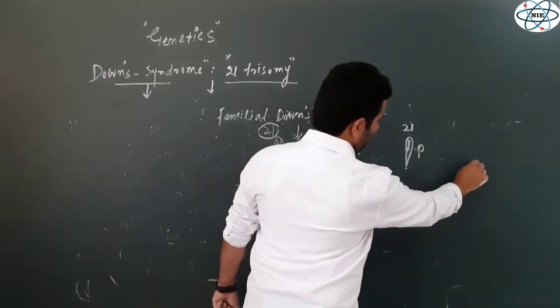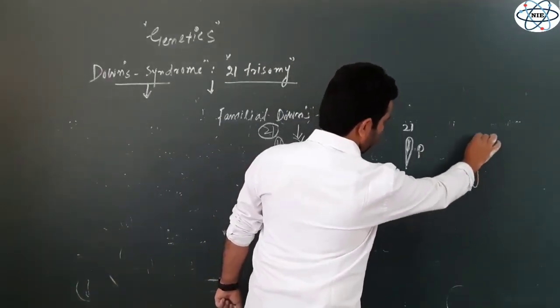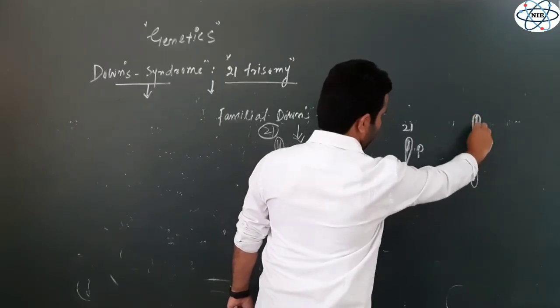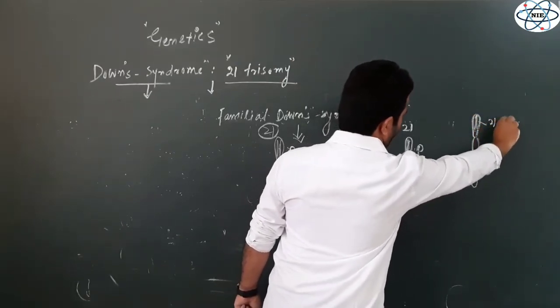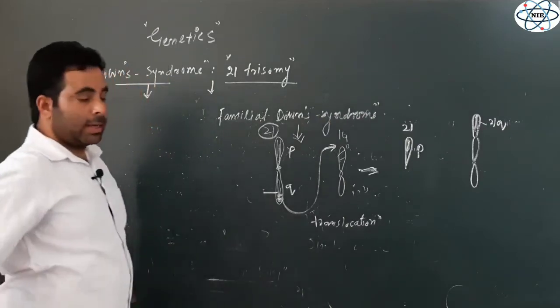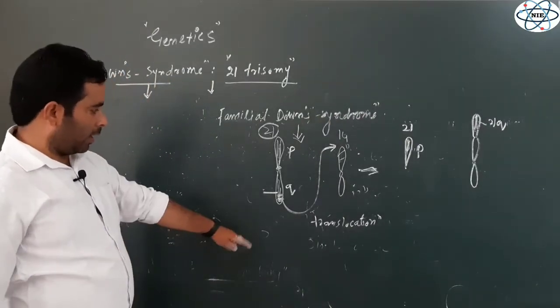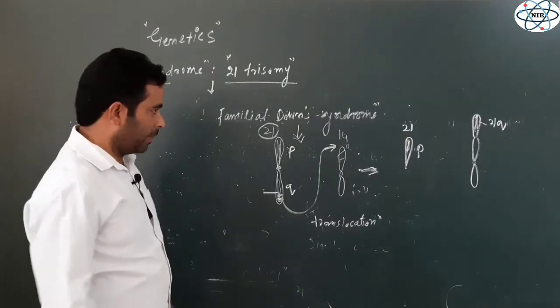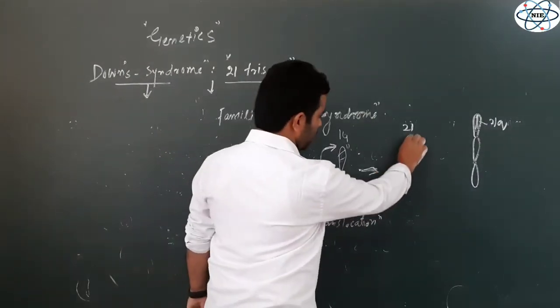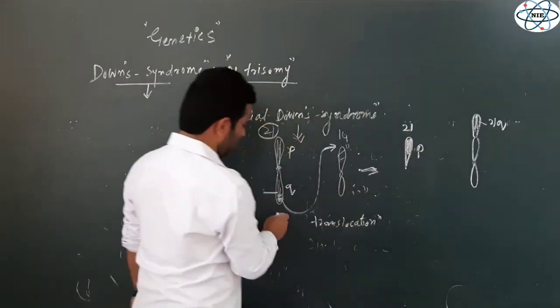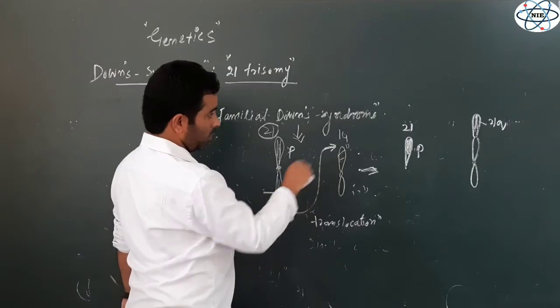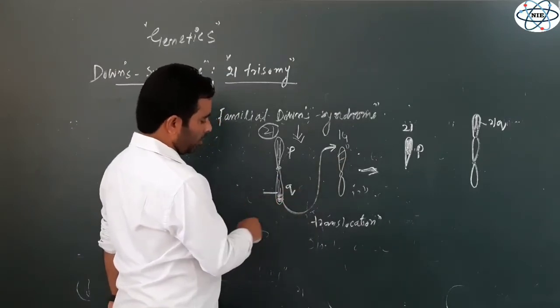So we can make chromosome 14 a bit longer now, because it also has 21 Q on it. It has received an arm from chromosome 21, right? And what happened to chromosome 21? It has lost its arm. There is deletion of its long arm, that's Q.